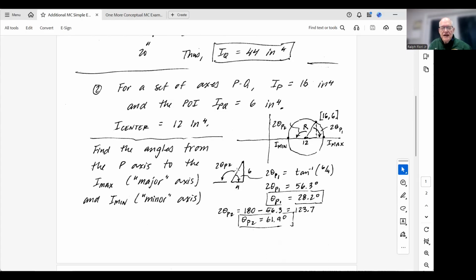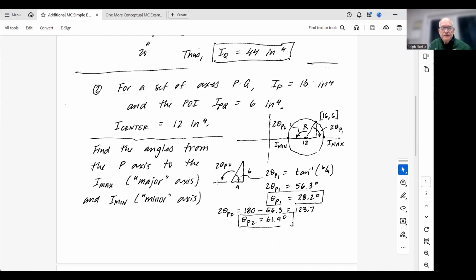The angle from P to the minimum I, or to the minor axis, or to the minor principal value, is this one. On Mohr's circle, this is 180 minus 56.3, which is 123.7.